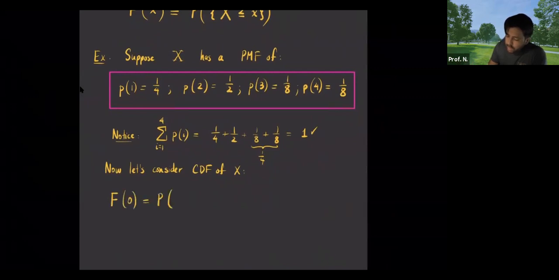What's the probability that my x value is less than or equal to 0? Well, this is an easy one because we don't have a value for x being 0. So the probability of that happening is 0. Now, what is the CDF of x when x is 1? This is the probability that the x value is less than or equal to 1.